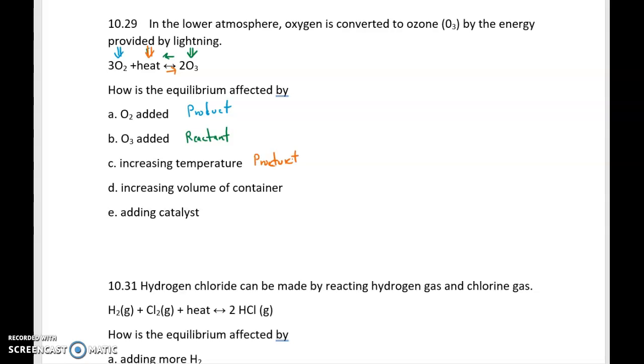If I increase the volume of the container, the way this is written, we've got 3 moles of reactant making 2 moles of product. So if I increase the volume, I'll favor the side with more moles, so I'll favor the reactants. And if I add a catalyst, no change.